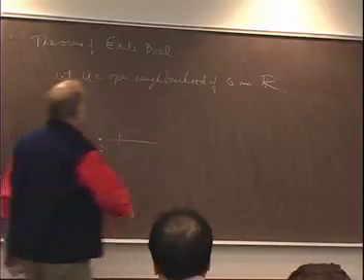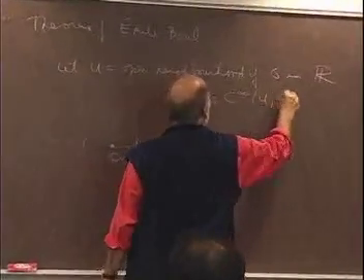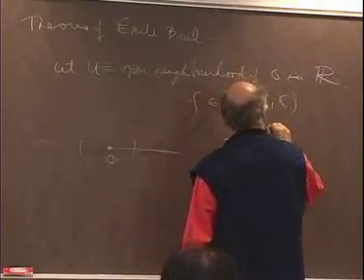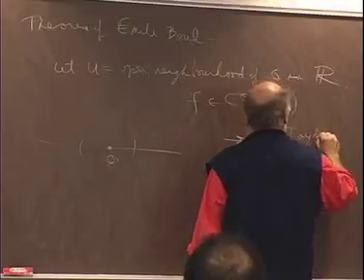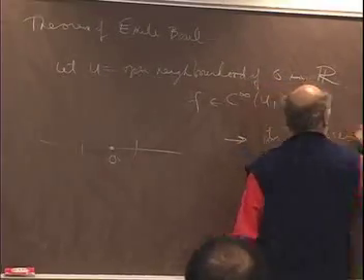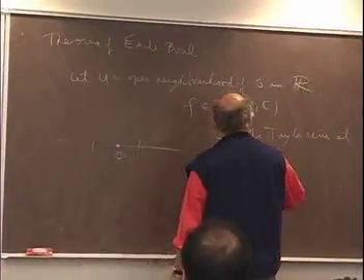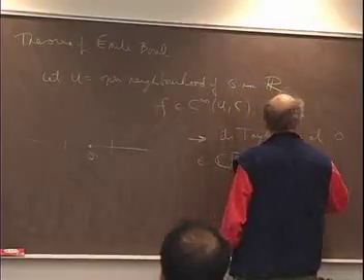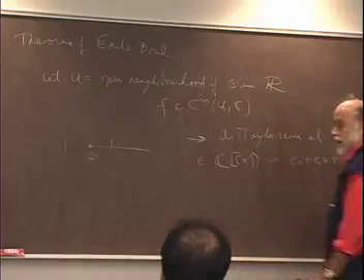If I take a function in C infinity of U with values in C, it maps onto its Taylor series at 0. And that's a member of what's called the formal power series. So it's an infinite series. It looks like this.